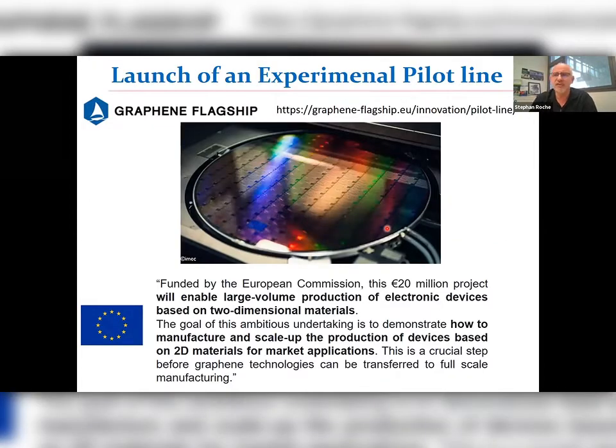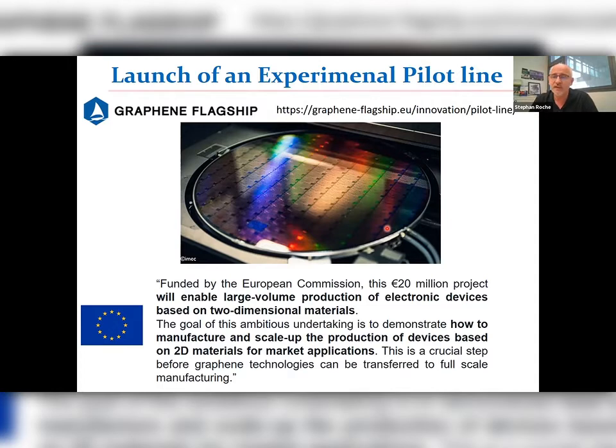What is also very promising is that the European Commission, together with the Graphene Flagship, has launched the so-called experimental pipeline. This is really important because you need large volume production of functional electronic devices based on these two-dimensional materials, and you need the proper infrastructure to develop these kinds of architectures and devices.